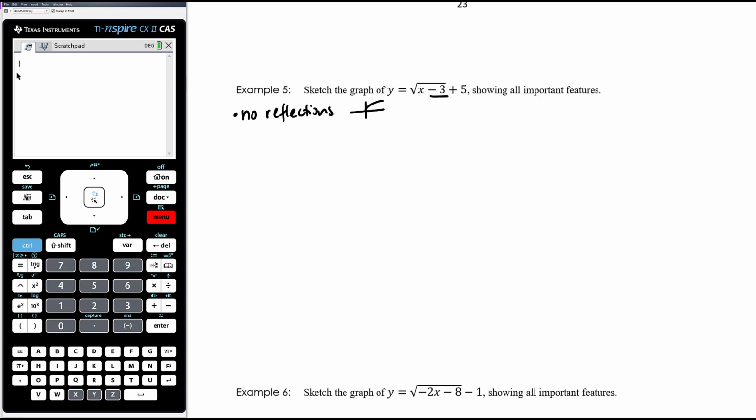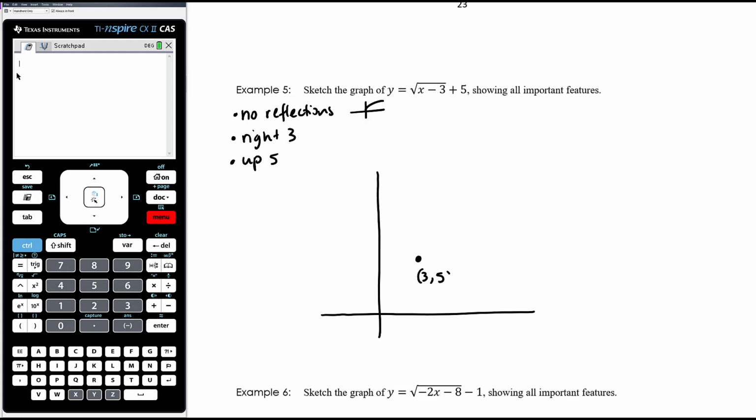The -3 here is translating to the right by 3, and the +5 here is translating us up by 5. So we're going to take this shape and translate it right 3 and up 5. So our end point is going to move. Okay, so that means our graph is going to go to the right by 3 and up by 5. And it's going to go out this way.